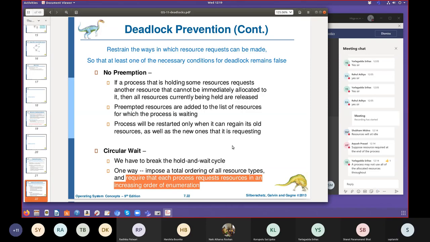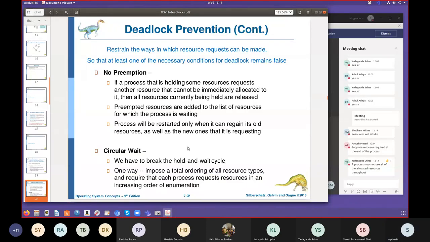P0 can wait for P1, P1 can wait for P2, P2 can wait for P3 and so on. But the final cycle will never be completed, as in P4 will not wait for P0 or P1 or P2 or P3. So we somehow break that cycle, this hold and wait cycle. So these are some standard methods for deadlock prevention.